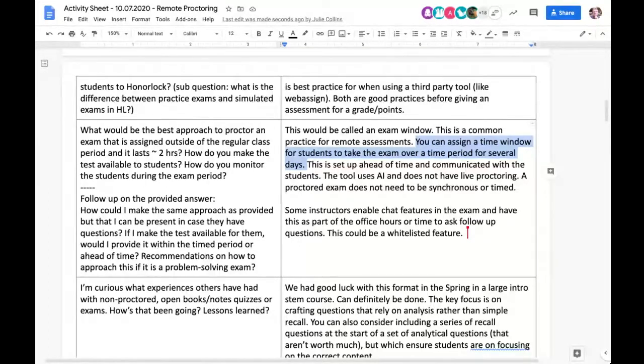Some who have their lovely offices in a separate room are lucky, and they can handle short exam windows with no problem. But those who have kids at home, for example, or younger siblings at home who are also in school or running around in the same room, that can be difficult for them. All right.